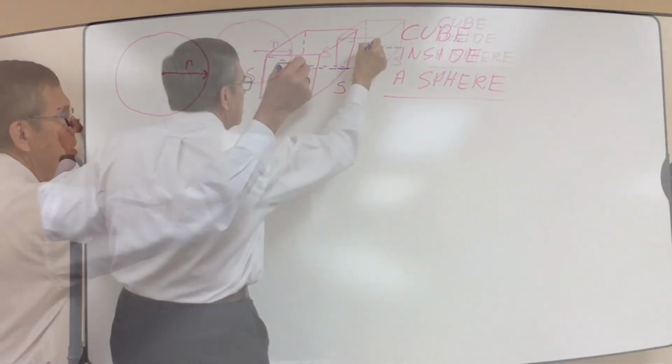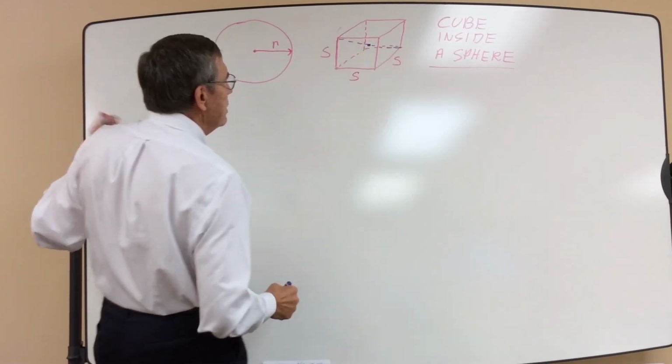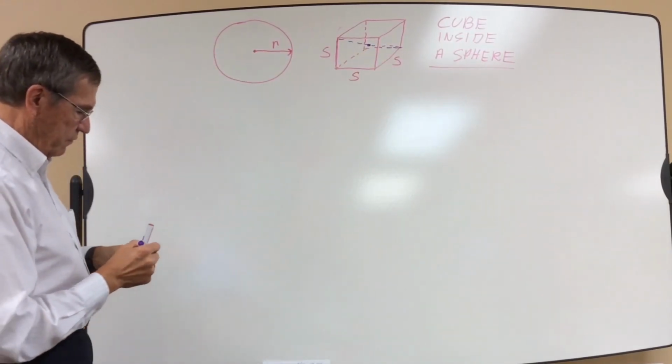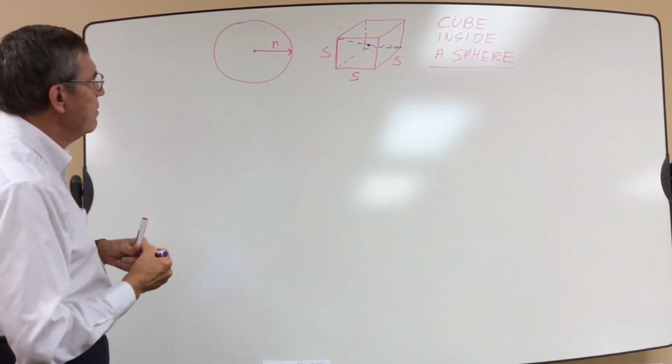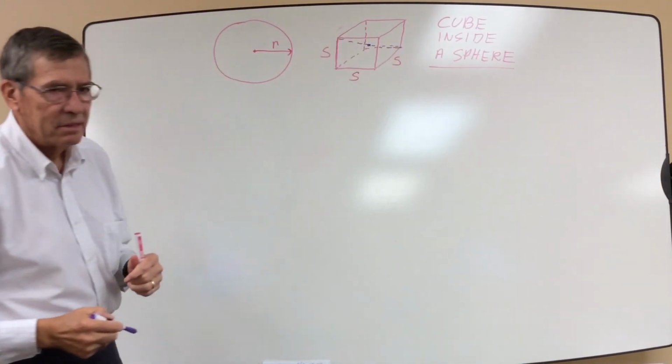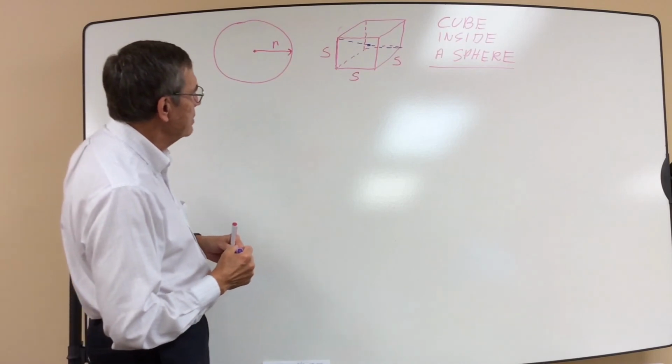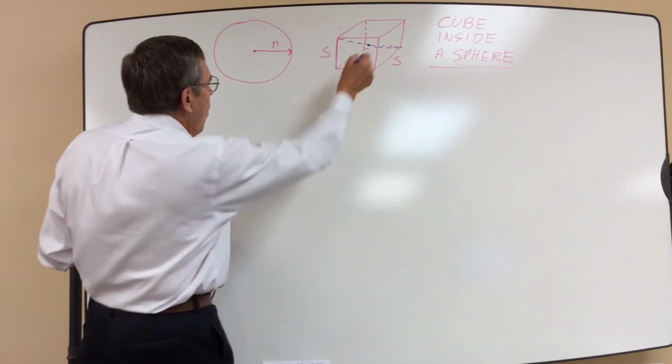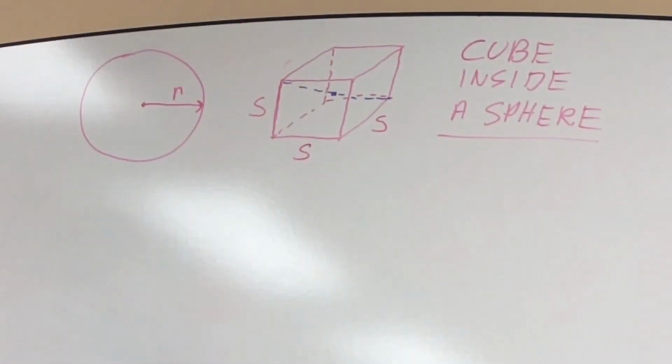And of course, right there in the center is the center of the sphere, or the center of the cube. If I knew what that diagonal was, then 1/2 of it would correspond to this radius.